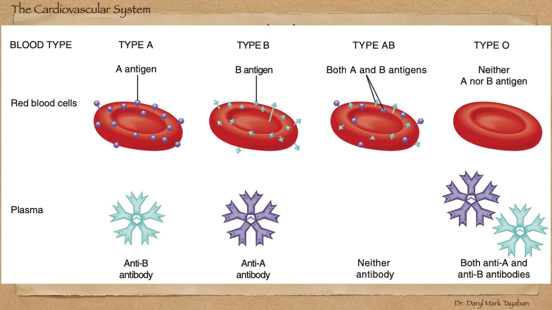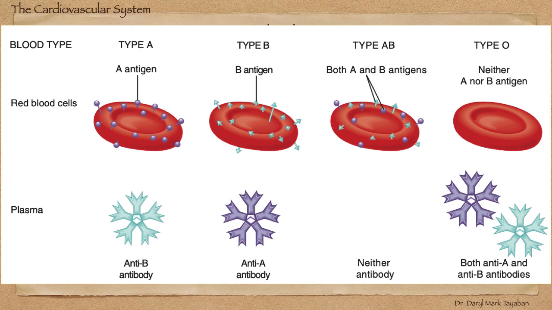Why is that? What's with the clotting? Remember that our red blood cell, in its surface area, in the outside part of the red blood cell, exposes what we call antigen.